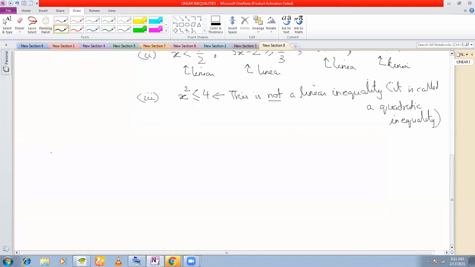Now we come to the definition of the replacement set. Okay, the replacement set of an inequality. Replacement set means the set of possible values of the variable.